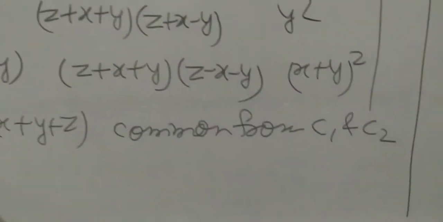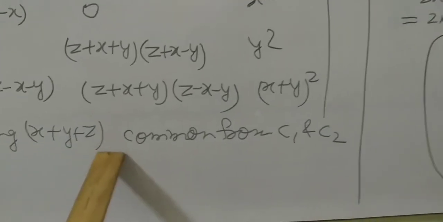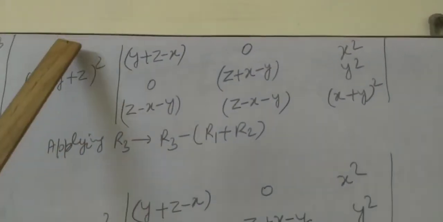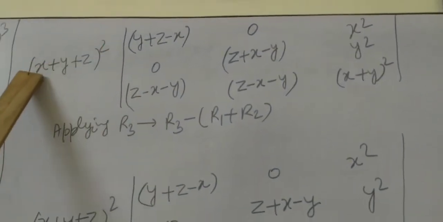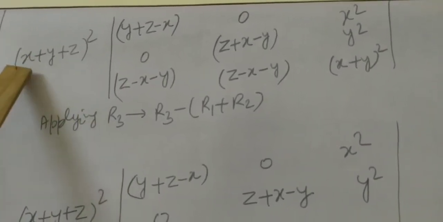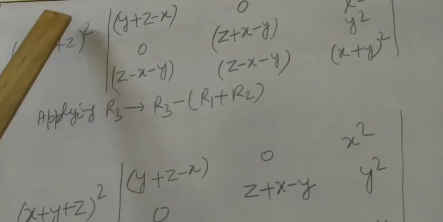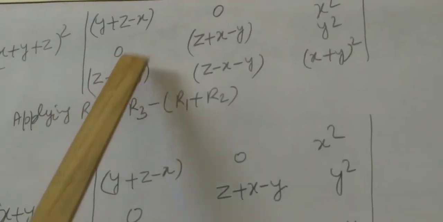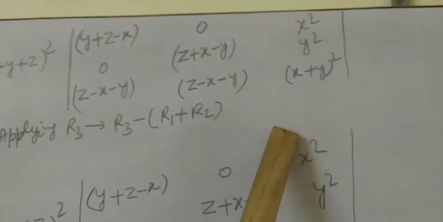So I have written here, students, taking x + y + z common from C1 and C2. So students, (x + y + z) whole square, because one time we have taken x + y + z common from C1 and from C2, two times x + y + z. So that's why I have written (x + y + z) whole square. These are the left part. Okay students.